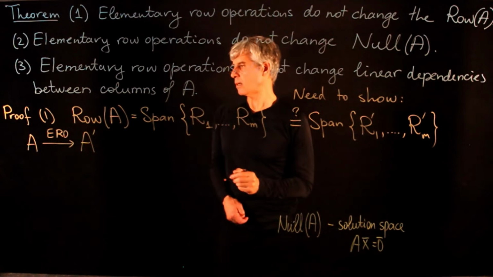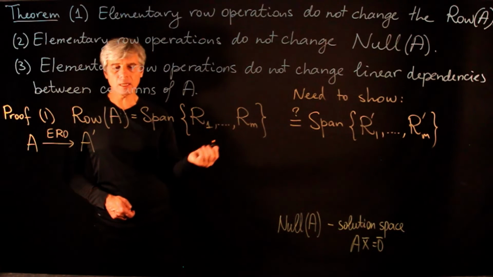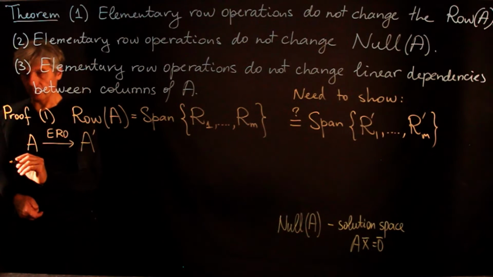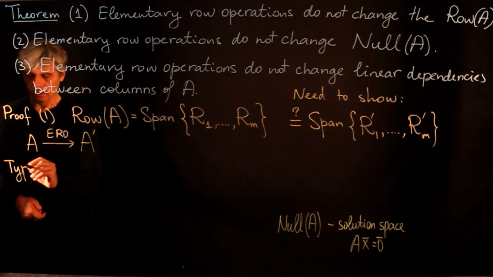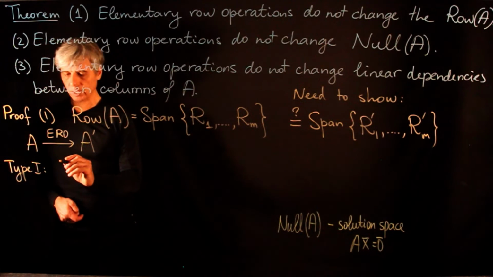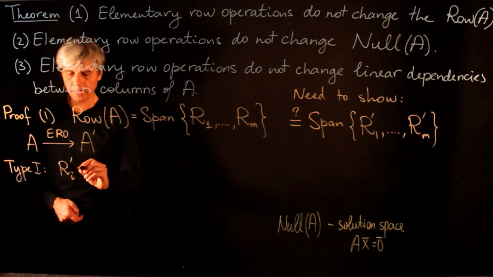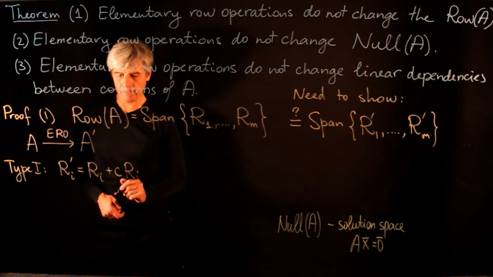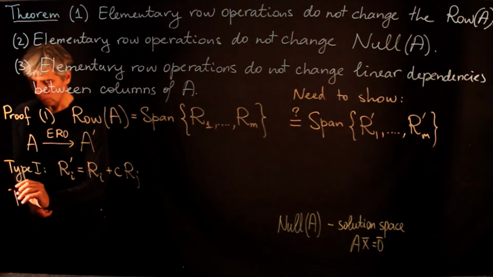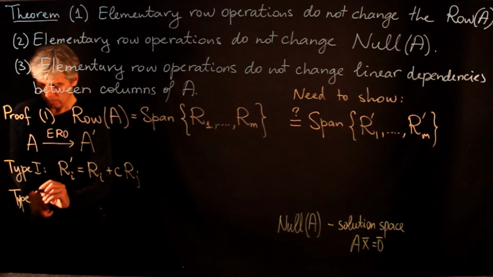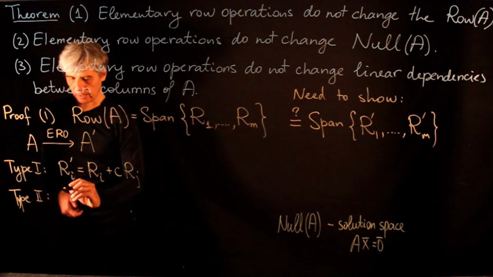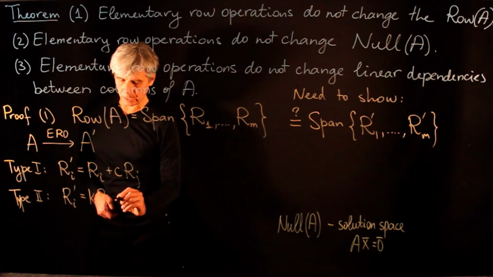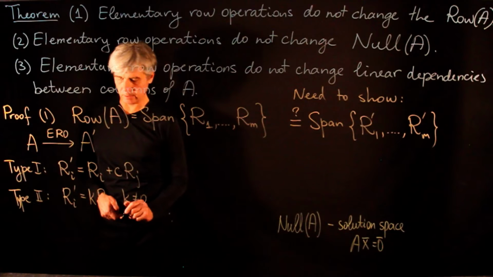All right, so we consider three types of elementary row operations. Let's recall them. Type 1 is when row I prime is equal to row I plus a constant times row j. Type 2 is when row I prime is k times row I, where k is a non-zero scalar.